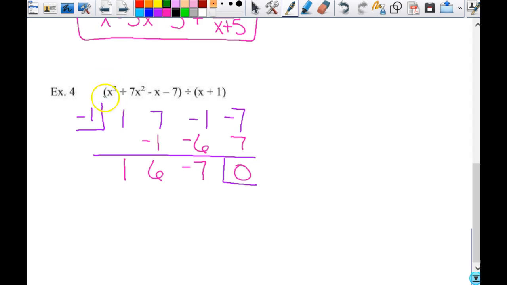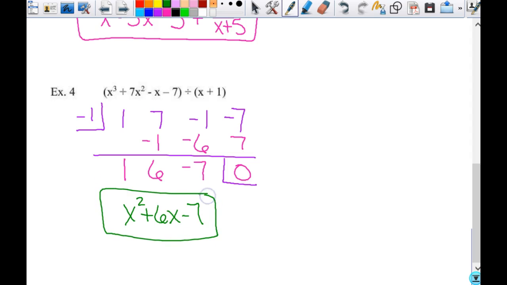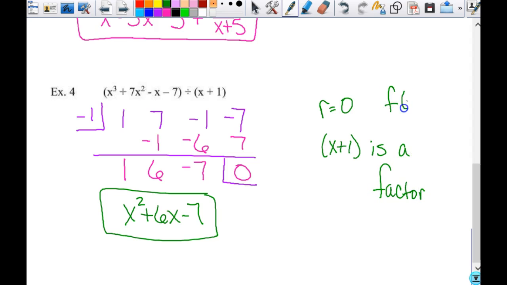So this is x cubed, which means this is going to be my x squared. So x squared plus 6x minus 7. What is your remainder here? 0. Okay? Which means that x plus 1 is a factor. It also means that f of negative 1 equals 0, right? We good? Yes? Okay, awesome.